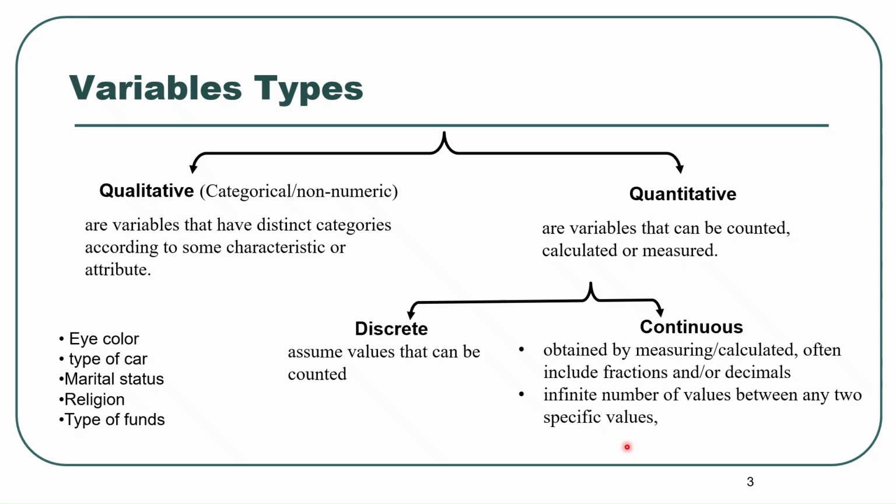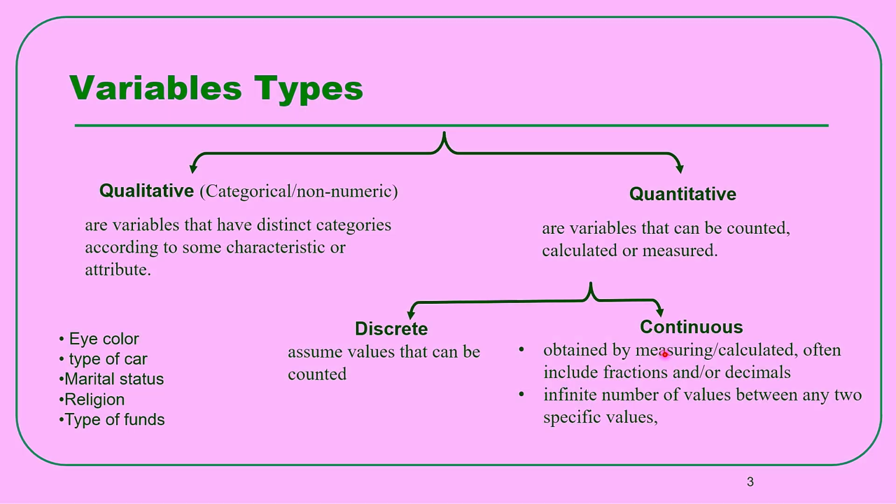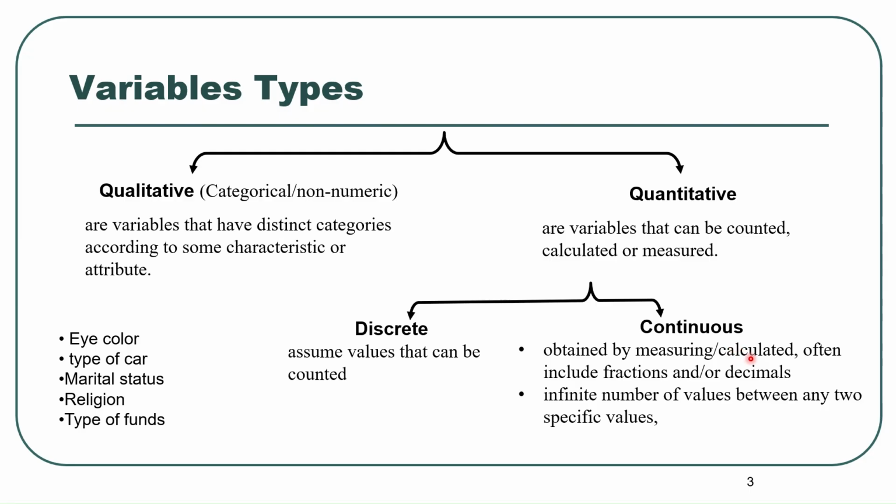Like if my variable was age and I have 2 age values, 20 and 21, by assumption, I do have as many values as I have between the number 20 and 21 as possible values for that variable age. So infinite number between any 2 specific values are assumed for such variable, any continuous variable, and that variable is usually measured either by calculating it via a specific formula or measuring it using a specific device.